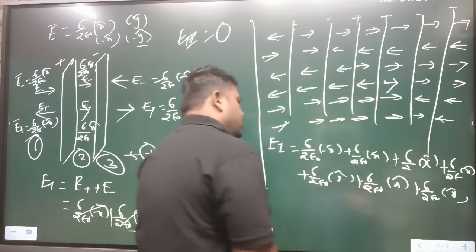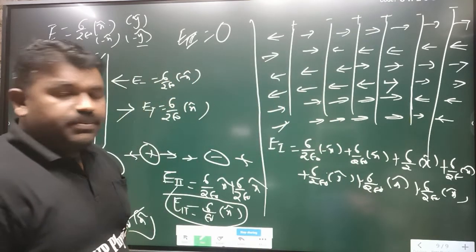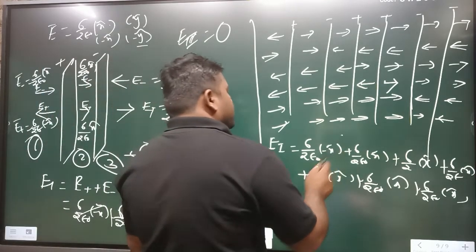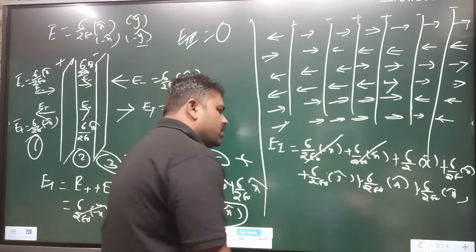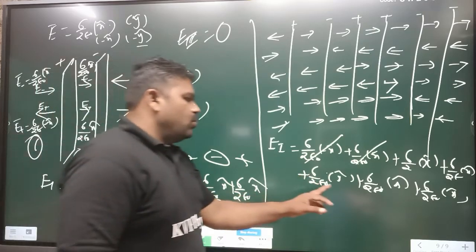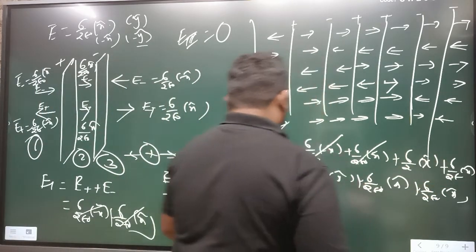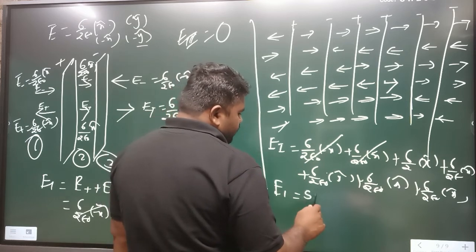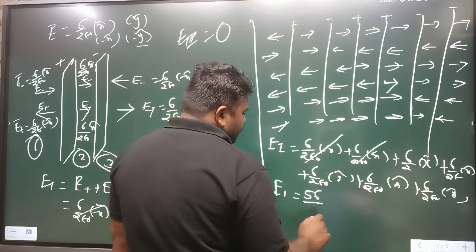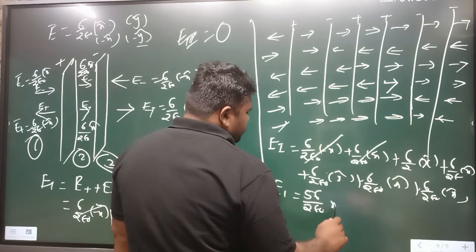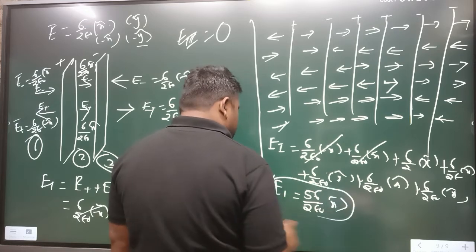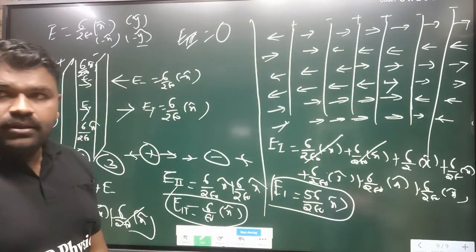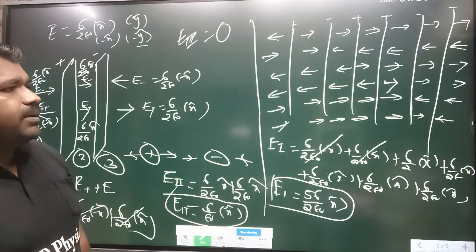This is the net. Which part gets cancelled? Plus and minus get cancelled, 1 plus and 1 minus. Remaining all are plus. How many plus? 1, 2, 3, 4, 5. Means E net for the first is equal to 5 sigma upon 2 epsilon naught. Net direction is plus x cap. Okay. What is the second, third, fourth, fifth?